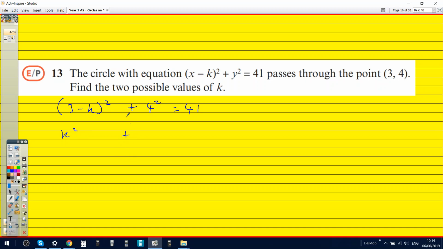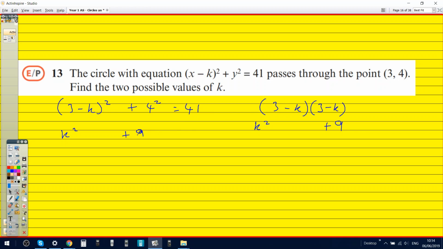So if you were to write that bracket twice, you get k squared, you get plus 9, and there's 2 things in the middle, plus 3k and a minus 3k.